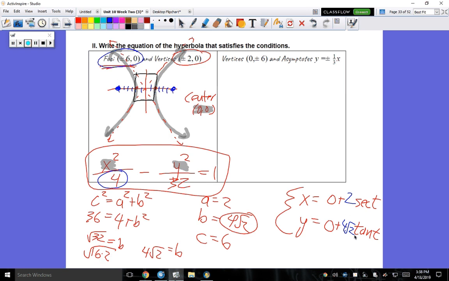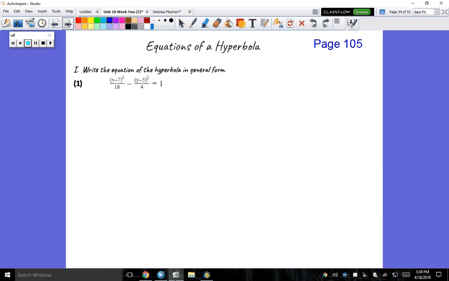Okay? Alright, a couple more, we're done. So we're going to write this in general form. This is going to go fairly quickly. Okay, here we go. Multiply this by 16. We get x minus 7, because the 16's cancel. 16 over 4 will reduce to 4. And then you get 16.